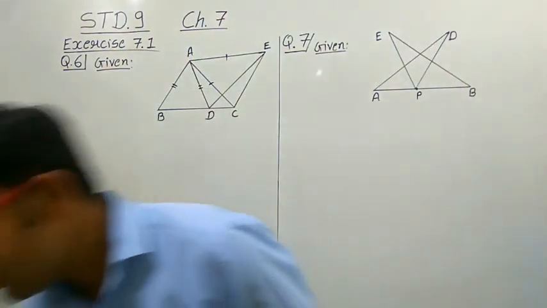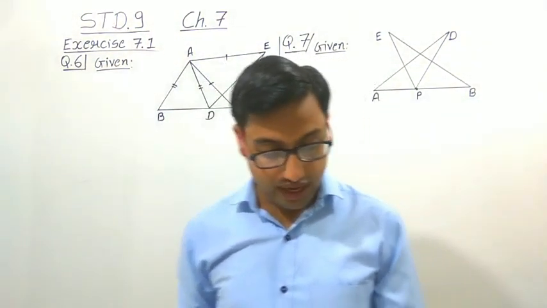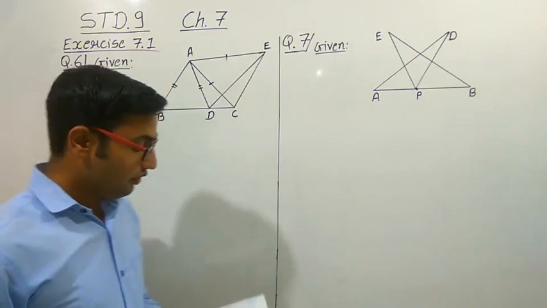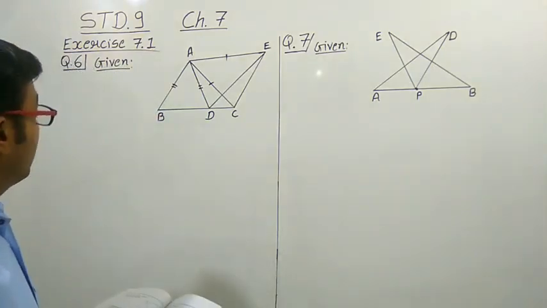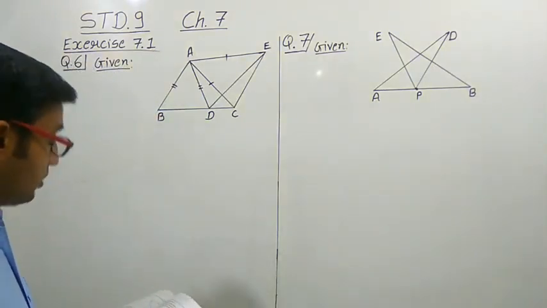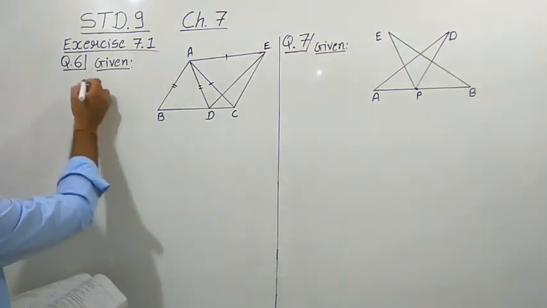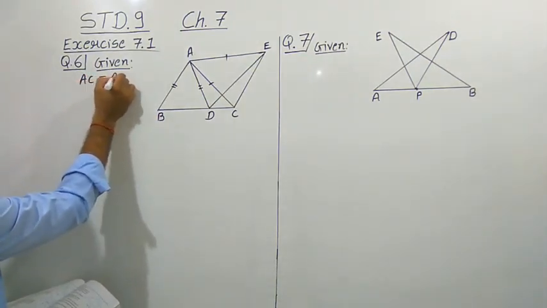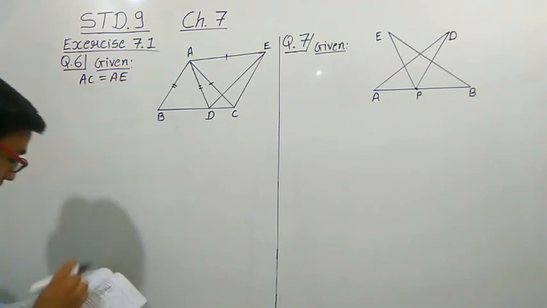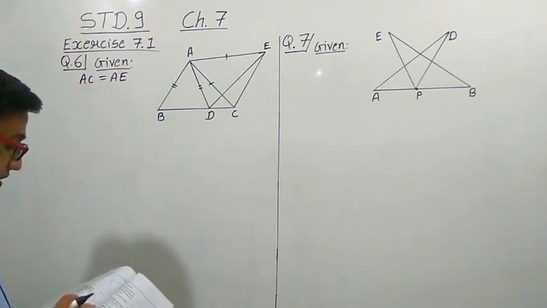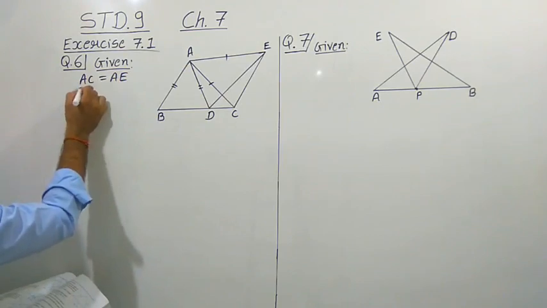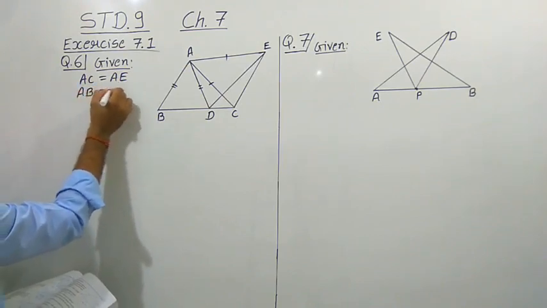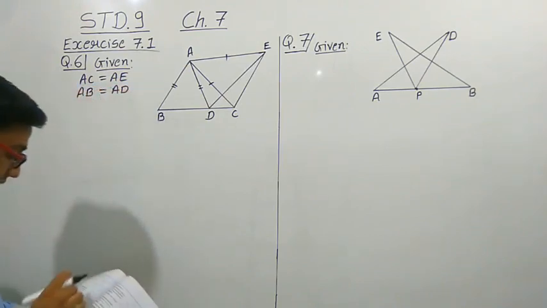Question number 6 is, here we have given one figure, in which we have given that AC is equal to AE. So whatever we have given, we will write down here: AC is equal to AE. Second thing we have given is that AB is equal to AD.